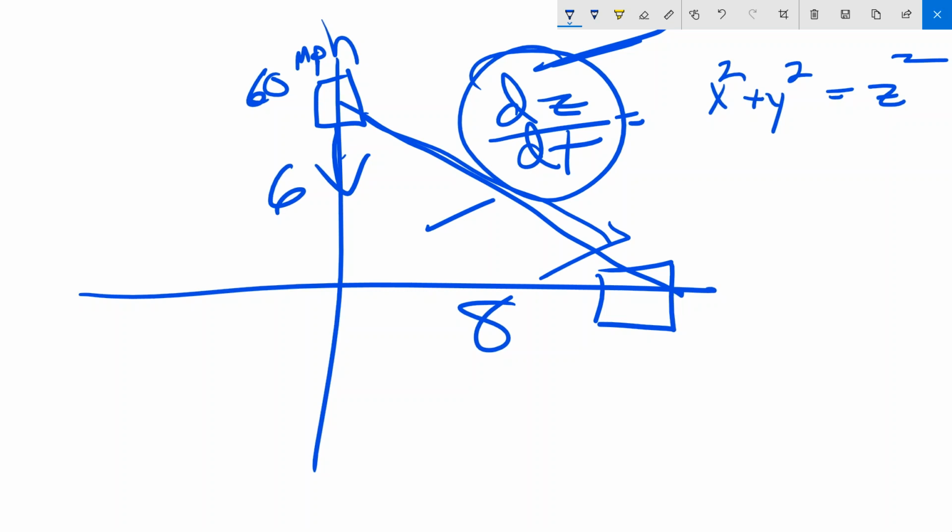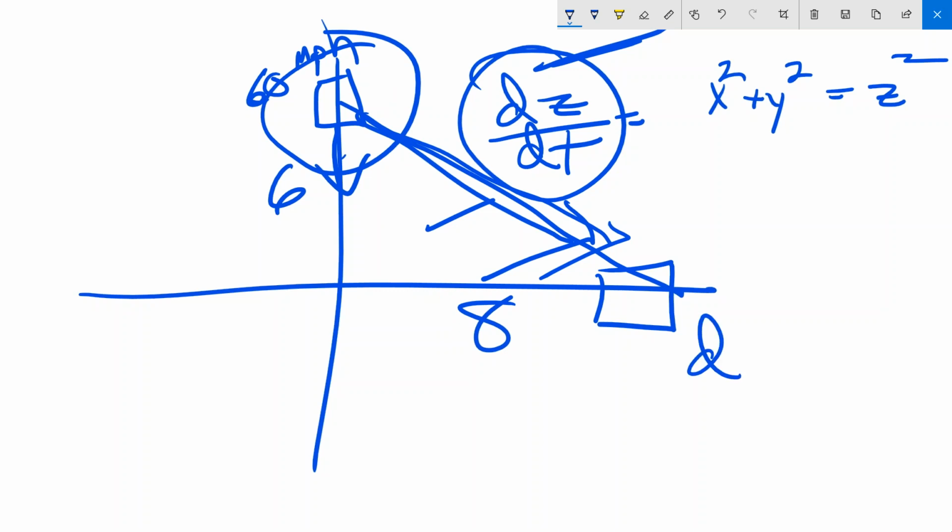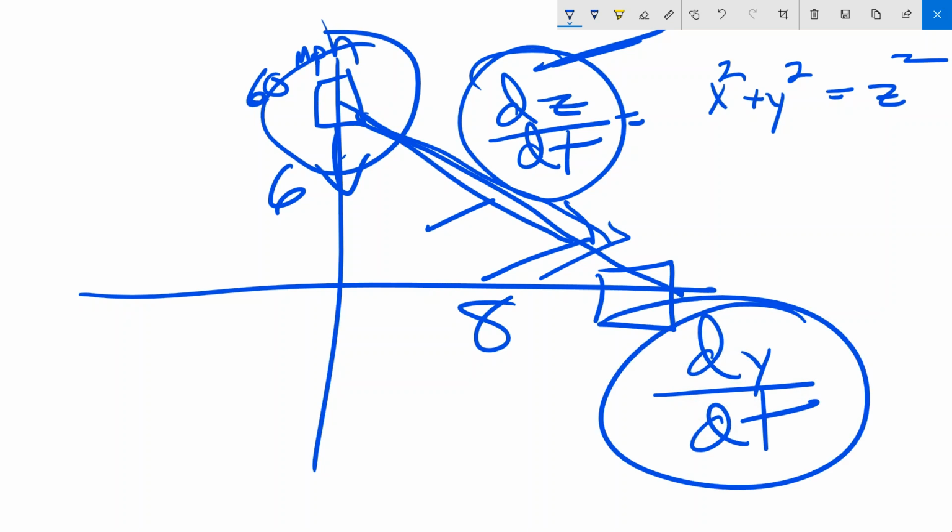You have to use implicit differentiation to do it. And this is a cool problem to understand related rates, because you know the rate of the cop car, you know the rate of their separation, you're trying to find a related rate, the speed of, in other words, dy dt. That would be the speed of the robber's car.